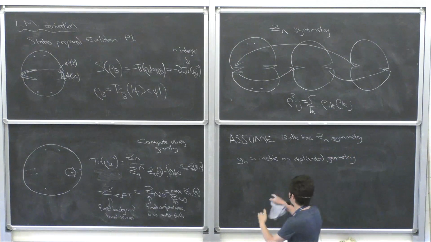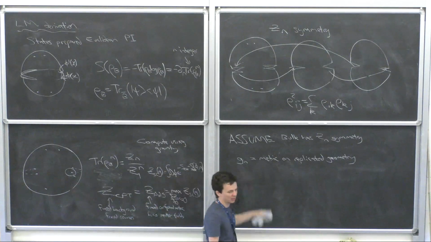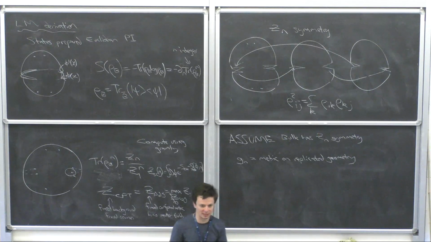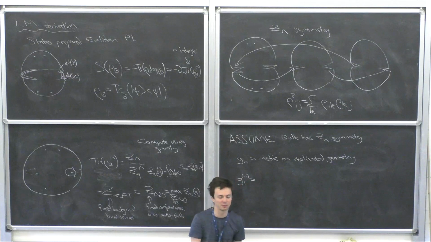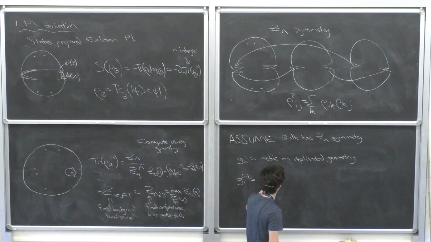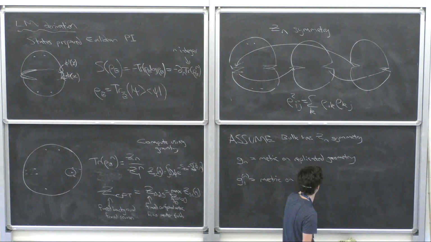But if that geometry has a Z_n symmetry, then all that data can be equivalently described on the quotient of the full geometry by the Z_n symmetry. So, in particular, we have some metric, G_1, which I've given a subscript n to indicate that it can be different for different n's. This is just the metric on the quotient geometry. Okay, so these are sort of equivalent.